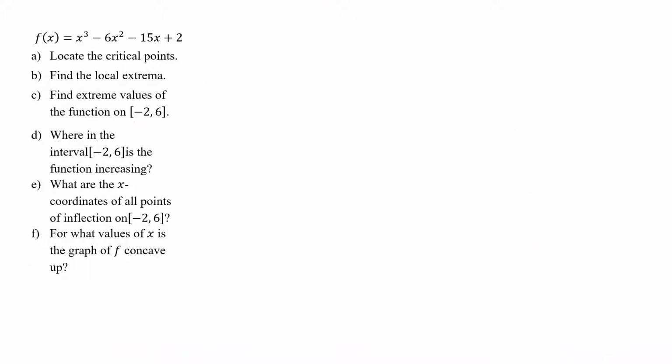Next question, what are the x-coordinates of all the points of inflection? For that we need the second derivative. So our first derivative, again, I know it just got erased, but it was easy enough to find. 3x squared minus 12x minus 15.